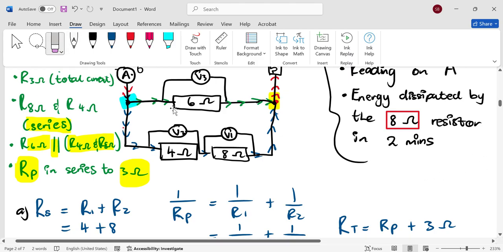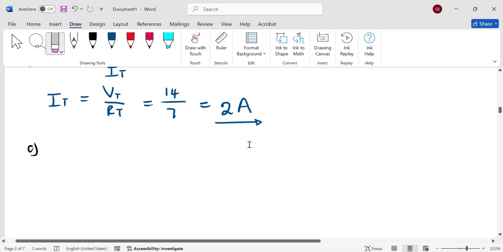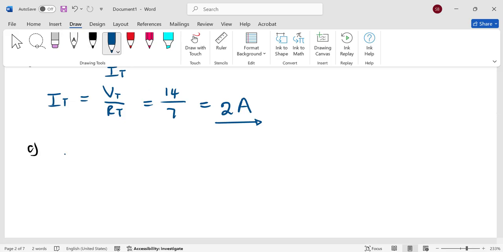According to Ohm's law, R equals V over I, I want to get the voltage across the parallel division.